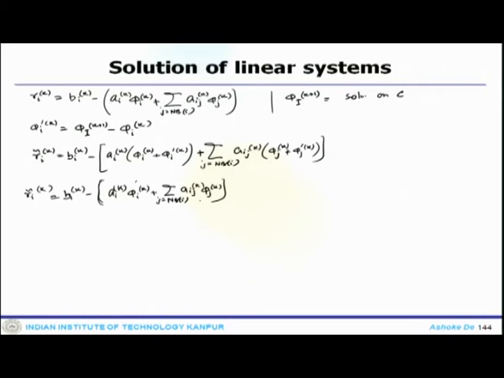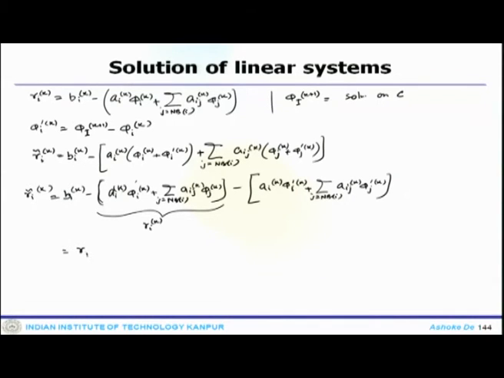This is one component, and the other component one can write as A_I^k phi_I prime^k plus the summation over j of A_Ij^k phi_j prime^k. So, you take this out, and this is nothing but your R_I^k.